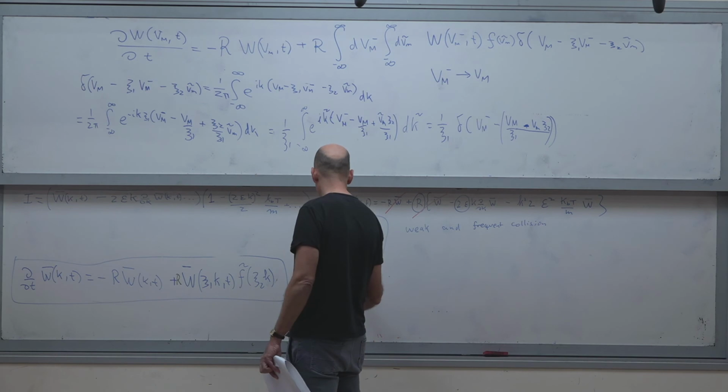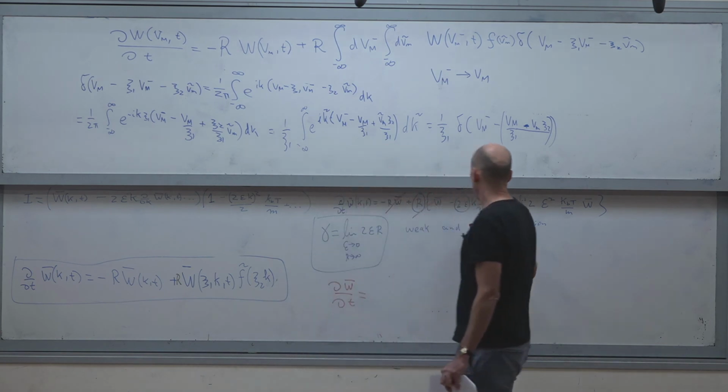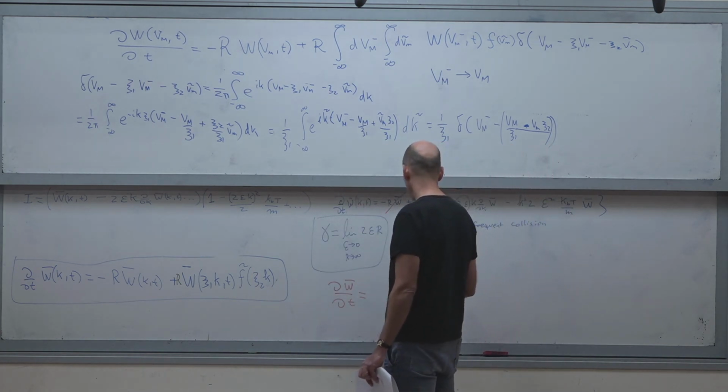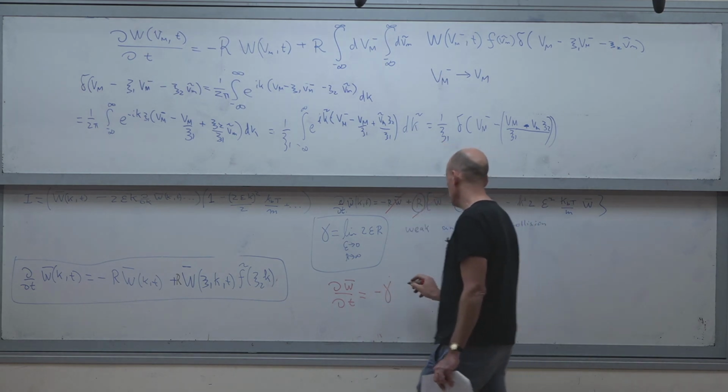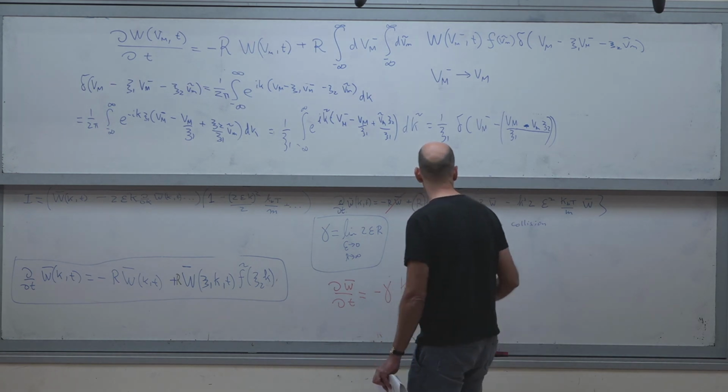So what do we get? We have dw over dt is equal to minus gamma. You see, r times 2 epsilon k d over dk w.